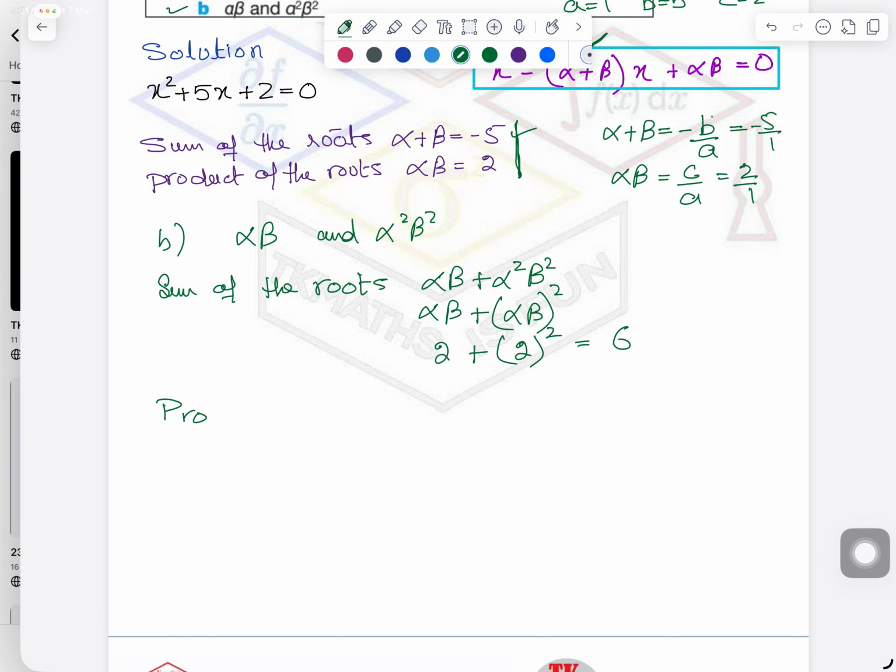And then the product of the roots. So I will multiply them. Algebraically we know this is the value here. This means alpha times beta whole square. You know this, right?